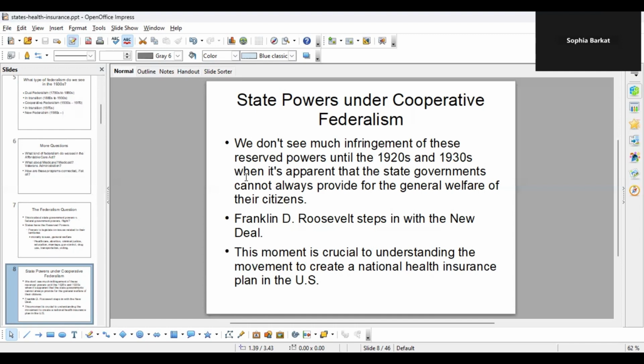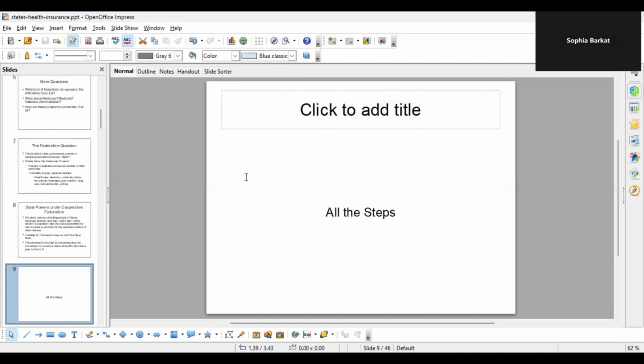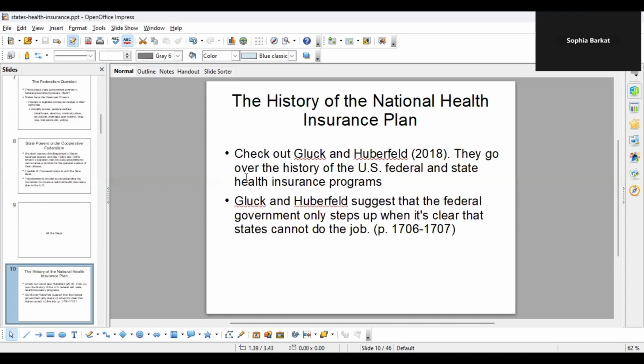This moment is crucial to understanding the movement to create a national health insurance plan in the US. However, it's not the only moment when the need for a national health care plan arises. Let's examine the steps. So, the history of the National Health Insurance Plan is outlined in a great way in Gluck and Haberfeld.